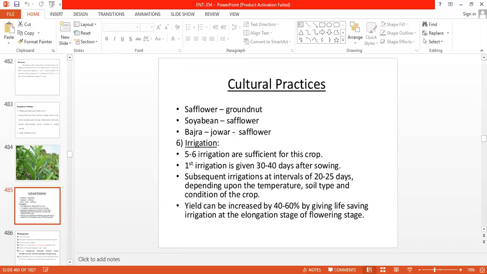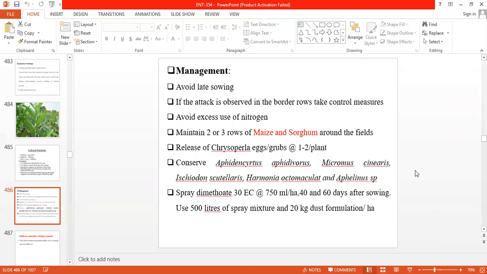First irrigation should be given. Measures: late sowing must be in a week of October in irrigated condition, and in drought prone condition in the second fortnight of September.